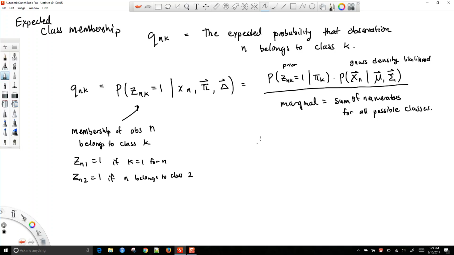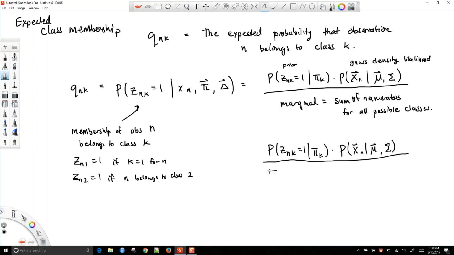So my numerator is, well, okay, I'll just copy the numerator again. z_nk equal to 1 given pi sub k times, I'm sorry, this is not a vector, it's a matrix, sigma there. Okay.